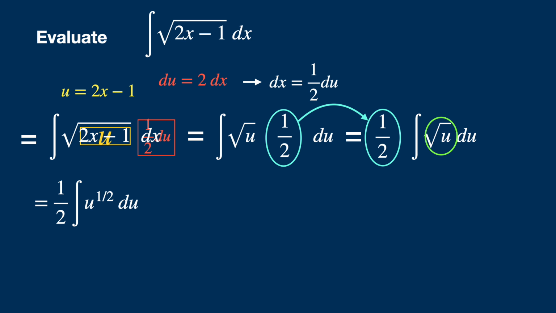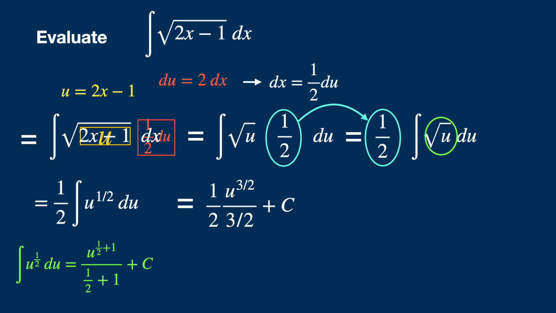How can we find this antiderivative, guys? The power is 1 over 2 plus 1, and the denominator is the same. That's going to be 1 over 2 times u to the 3 over 2 over 3 over 2. 2 times 3 over 2 is going to be 3. The numerator is going to be u to the 3 over 2, over 3, plus c.